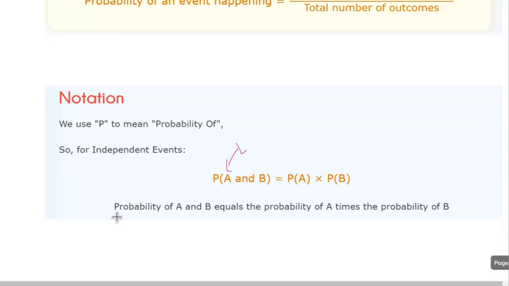A is event 1, like rolling a die, and B is event 2, like flipping a coin. We can find the total probability by calculating each separately and multiplying them together. Because probability is a fraction, we are going to review how to multiply fractions as well.